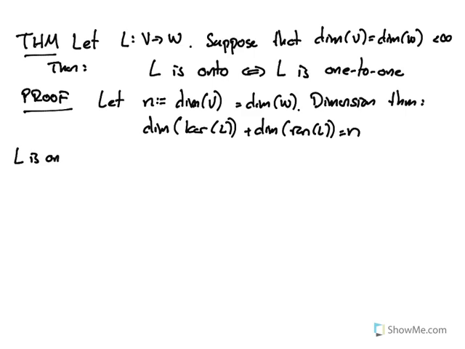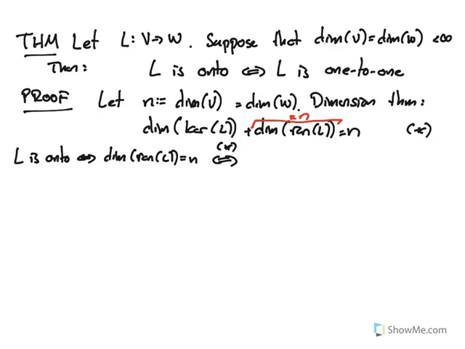Now L is onto, according to the theorem on the previous slide, if the dimension of the range of L is equal to n. If we call this equality star, here I'm going to use the dimension theorem.